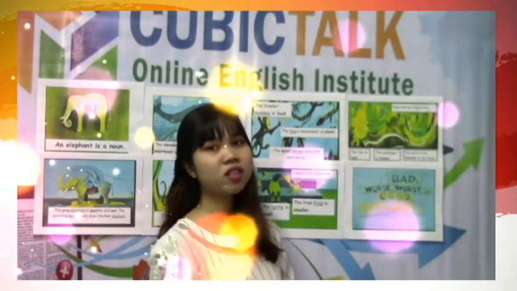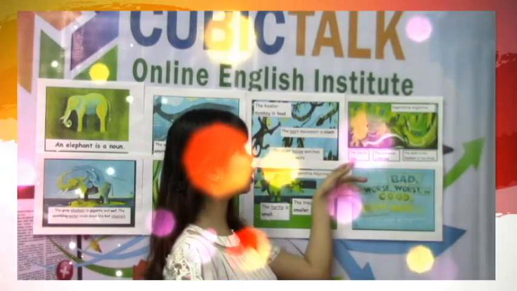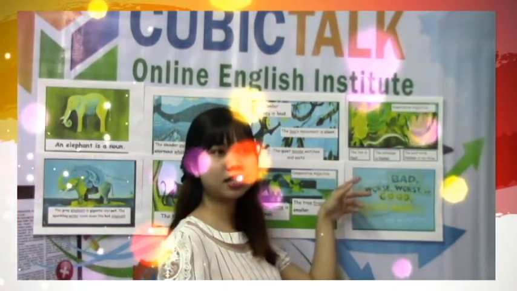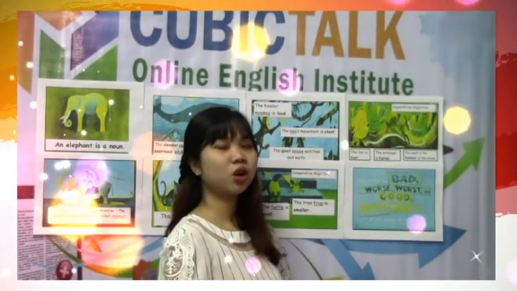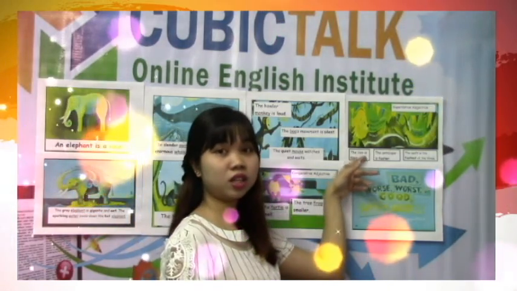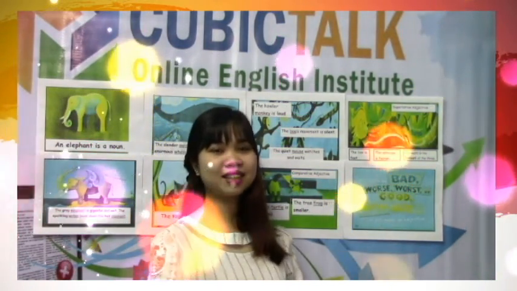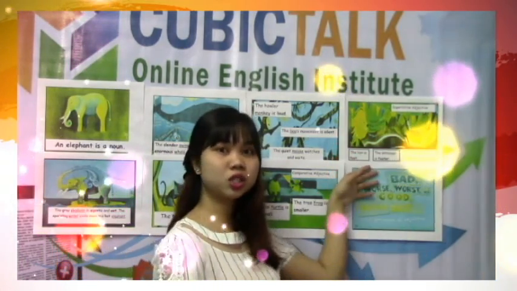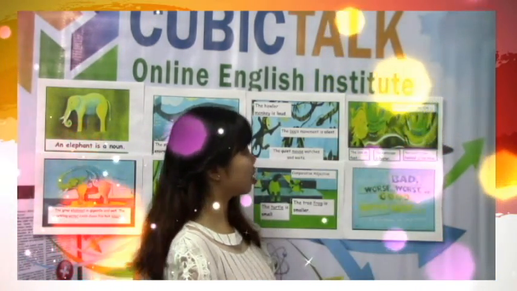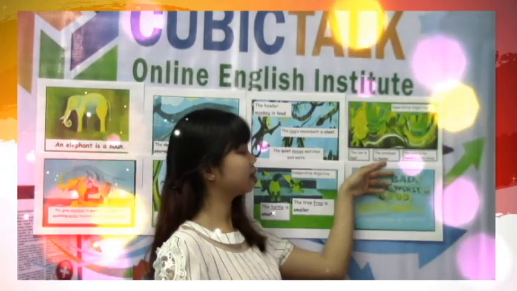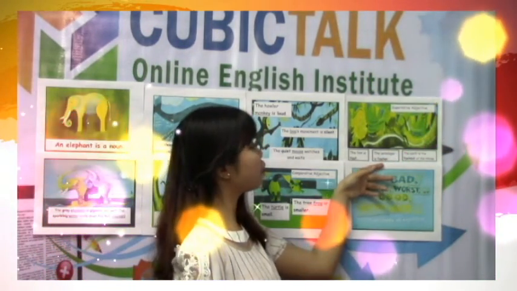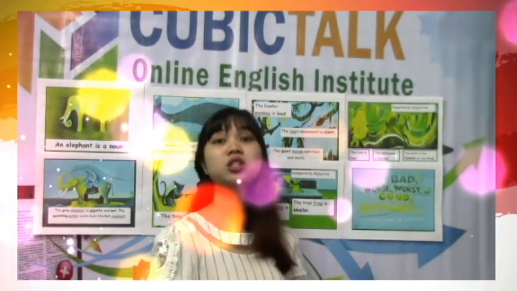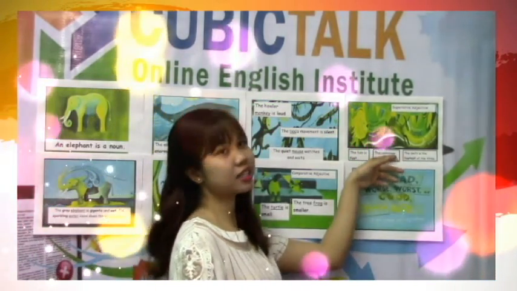Very good. So let's go on first with the first one. The lion is fast. What are the adjectives in this sentence? Yes, fast. Fast is the adjective which describes the noun lion. What about in the second one? Yes, faster. Faster is the adjective which describes the noun antelope.